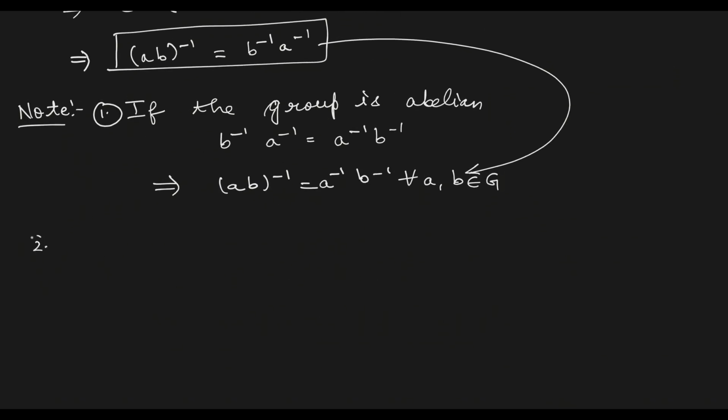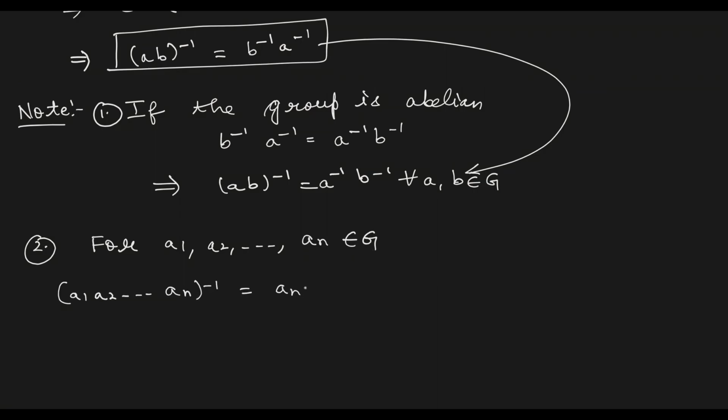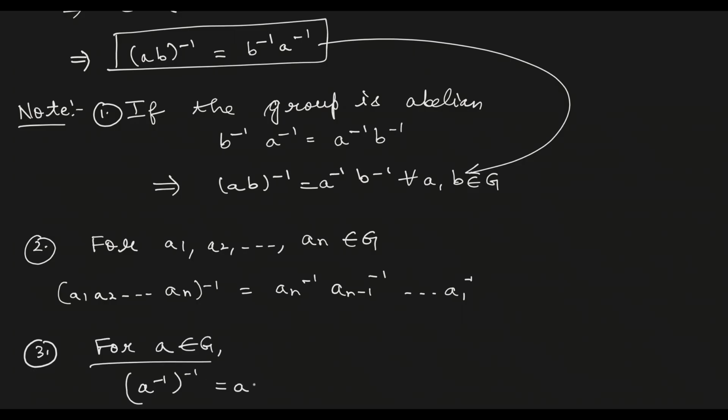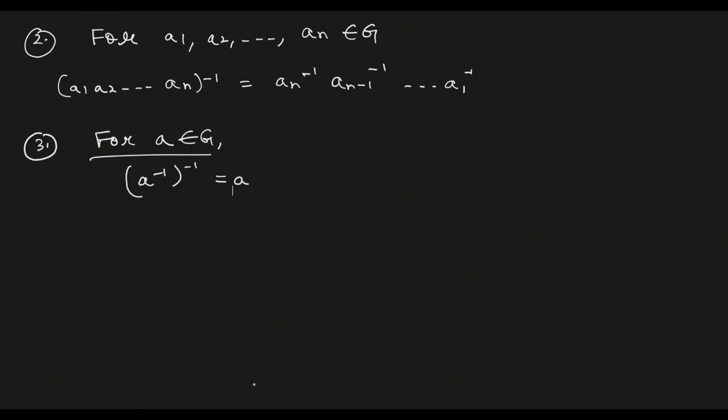Second property, for a1, a2 and so on till an belongs to G, a1 a2 and so on till an inverse is equal to an inverse, an minus 1 inverse, and so on till a1 inverse. Third, for a belongs to G, inverse of a inverse is a. Means if I take the inverse of a and again I take its inverse, then I will get the same element a.